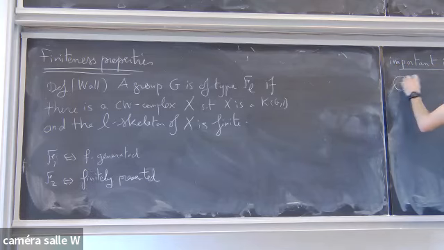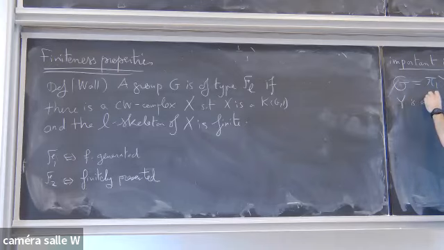So let's say that you have a group G, which is realized as pi1 of a CW complex Y. How do you build a K(G,1) from it? Well, I'm cheating a little bit because normally to build a CW complex, you have to glue cells in the right order.